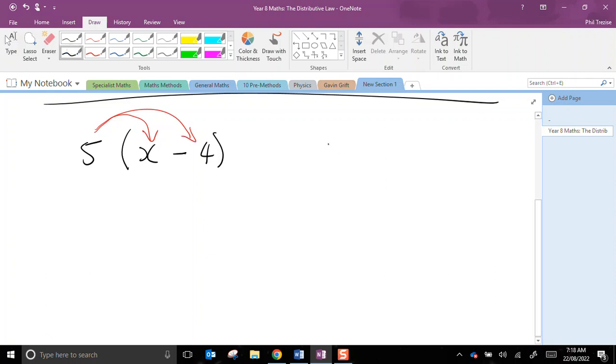But I like to draw a rectangle whenever I multiply things together. Now the width of this is 5, and up the top here I have an x. Now instead of thinking subtract 4, I'm going to think add on the number negative 4. Remember, adding a negative is the same as subtracting.